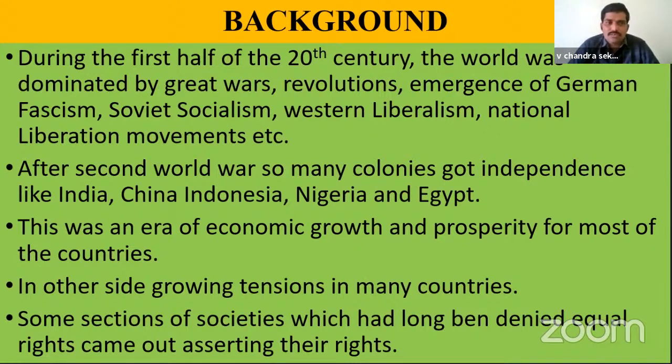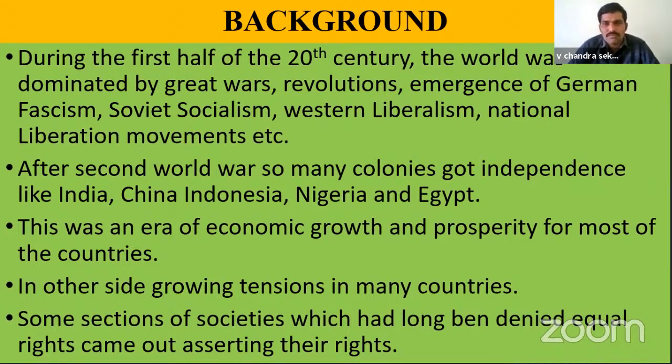Here, during the first half of the 20th century, 1900 to 1950s, the world was dominated by great wars. We experienced in history two great world wars, the First World War and the Second World War, from 1914 to 1918 and 1939 to 1945.